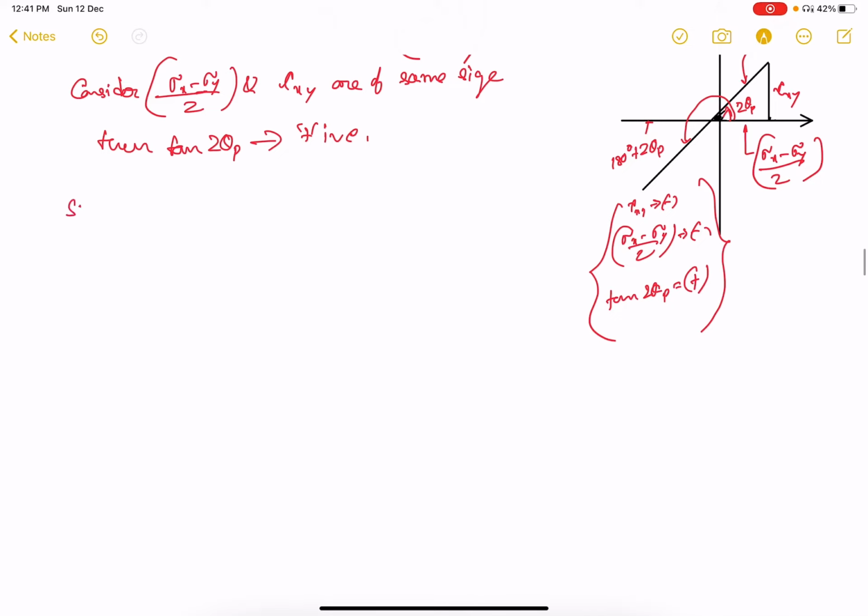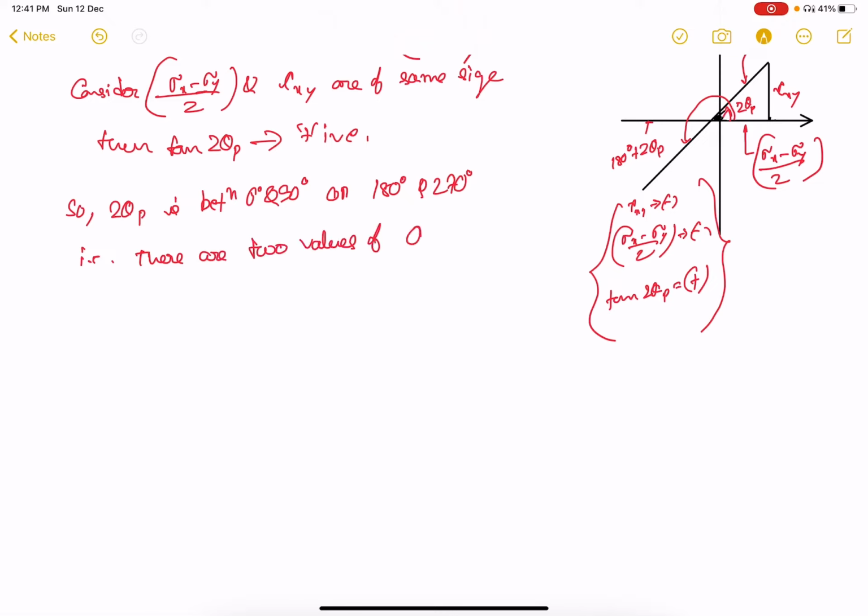So 2θp is between 0 degrees and 90 degrees, or 180 degrees and 270 degrees. That is, there are two values of θp.